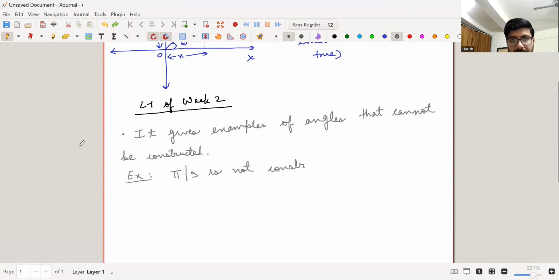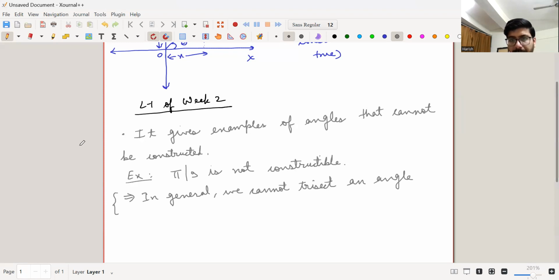This also implies that, in general, we cannot trisect an angle using straight edge and compass.